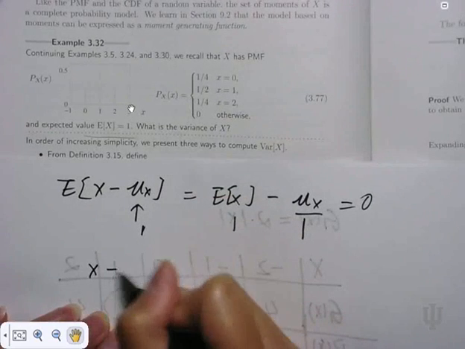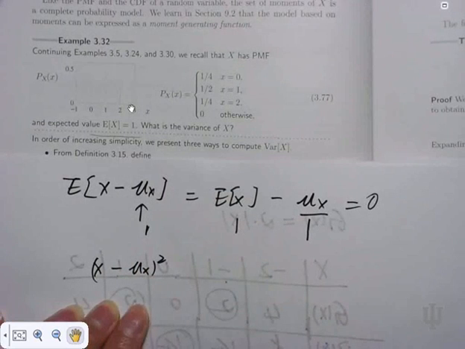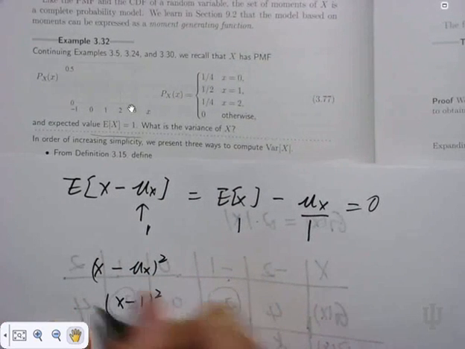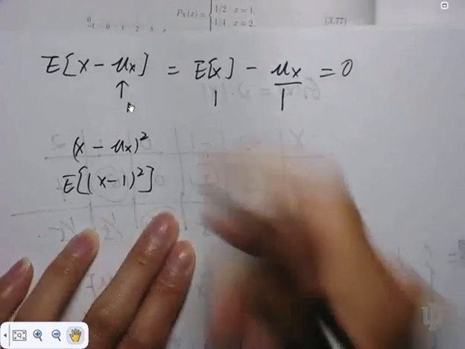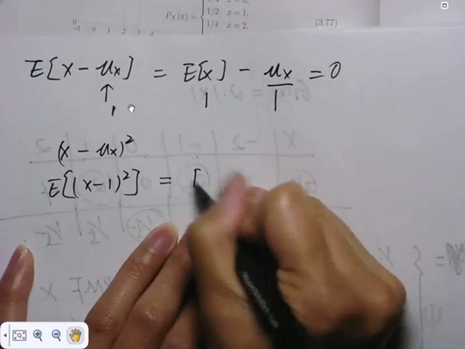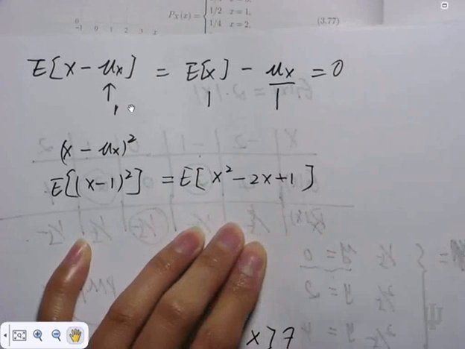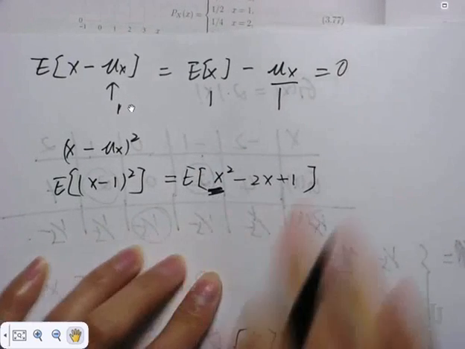So how about the expectation of this? X minus 1 squared, expectation of this. You can write it out if you want. It will be something like this, right? But you still don't know this thing.